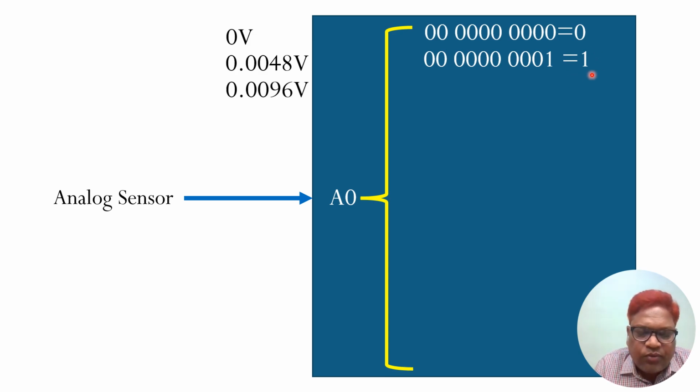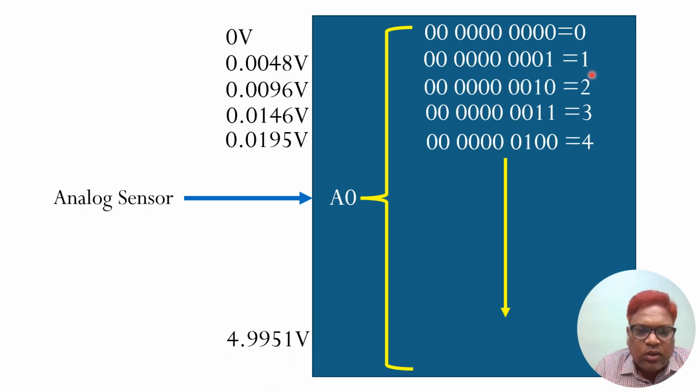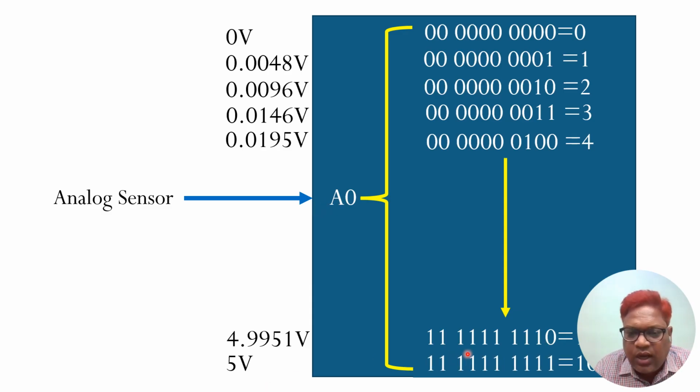Similarly, for double of 0.0048, we get 2, and so on up to 5 volts. Once the analog input receives 5 volts, it gets all ones, that means the value 1023. In this way, analog inputs work.